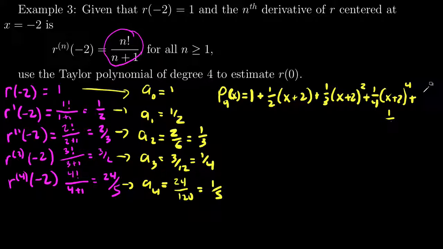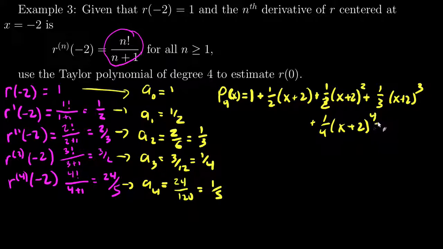Yeah, I did. Sorry. I got rid of a bunch of this stuff. So this was the 1/2 plus 1/3 x plus 2 to the 3rd plus 1/4 x plus 2 to the 4th plus 1/5 x plus 2 to the 5th. Okay, so there's our Taylor polynomial.